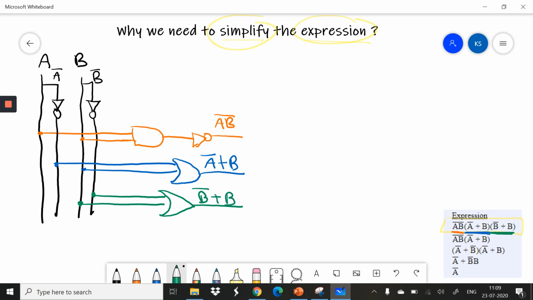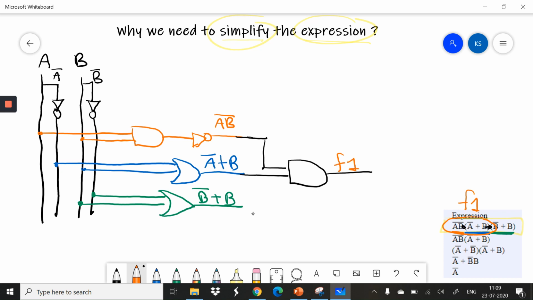Perfect, right? After that we can see that here we have a dot, then here we have a dot. It means we need to draw the AND gate. So let's draw the AND gate for all these three inputs. I got the first expression; let's give it the name F1.